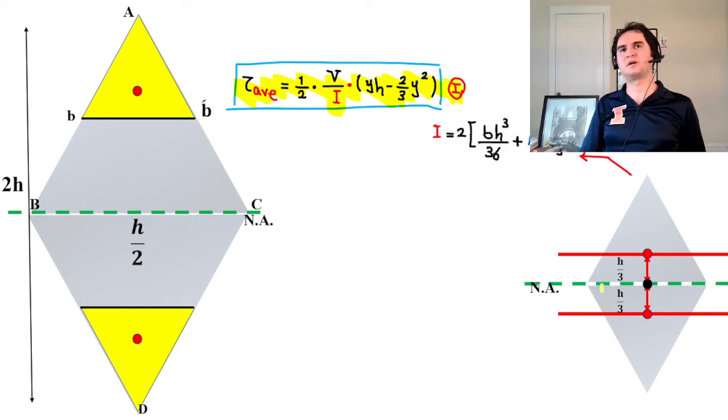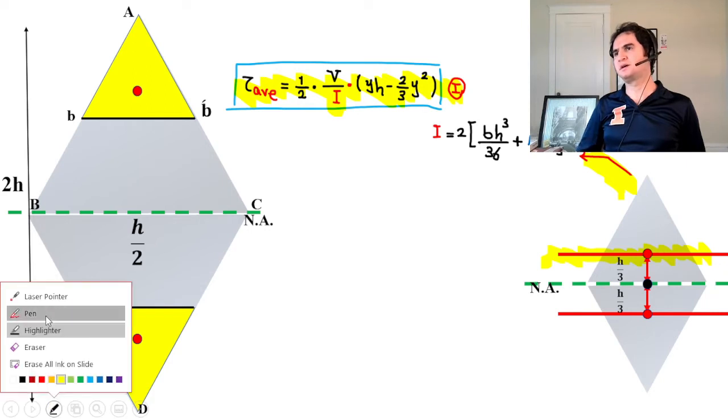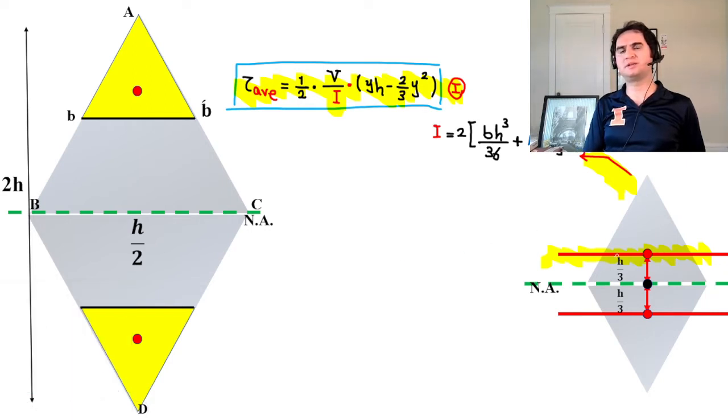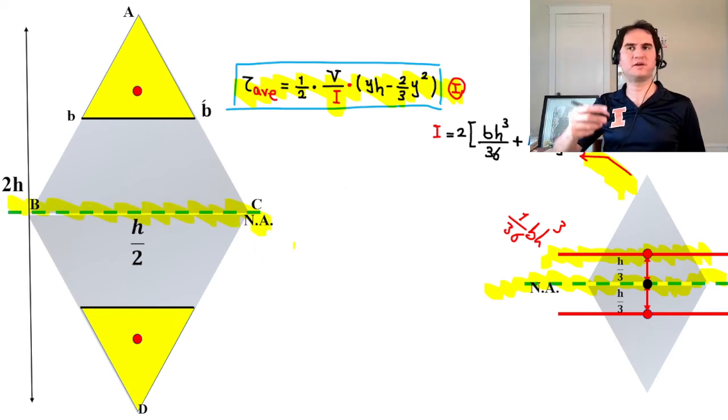We do know I for each of these triangles about their centroid is bh cubed over 36. But we need to know the moment of inertia about the neutral axis, because that's the center of our shape, the neutral axis for the entire area.